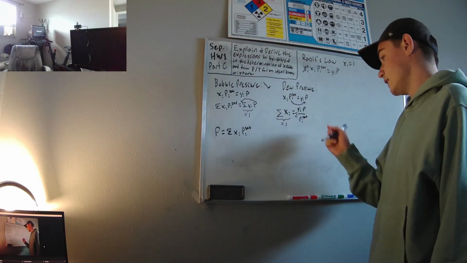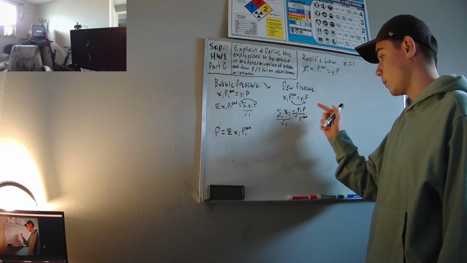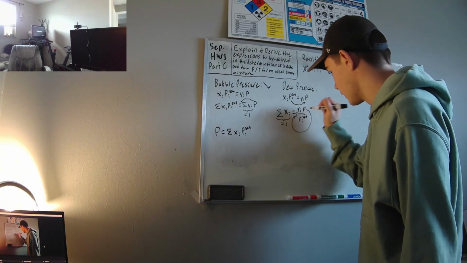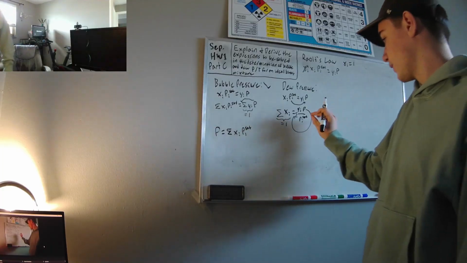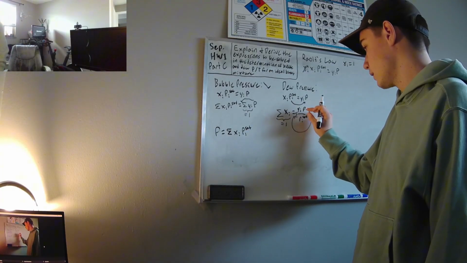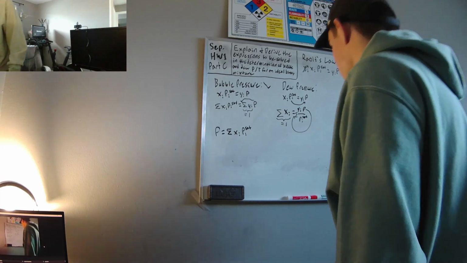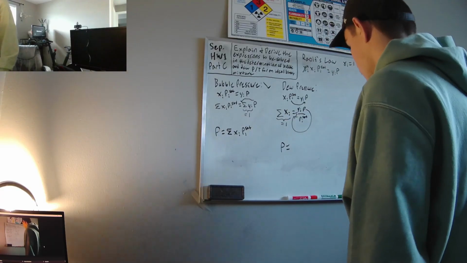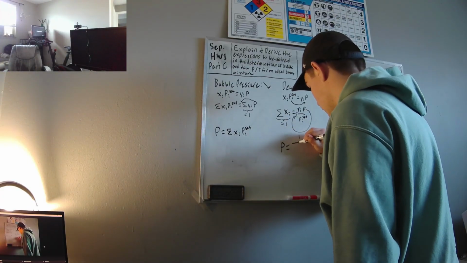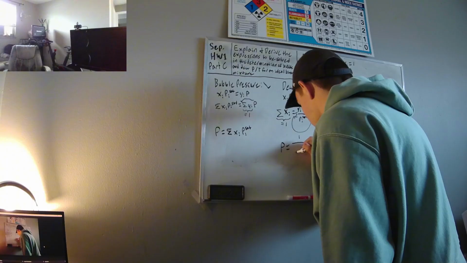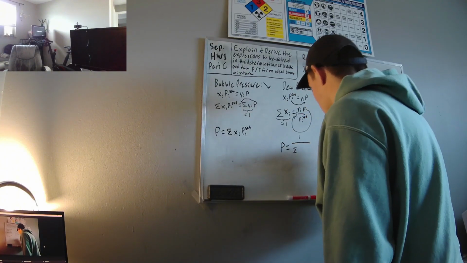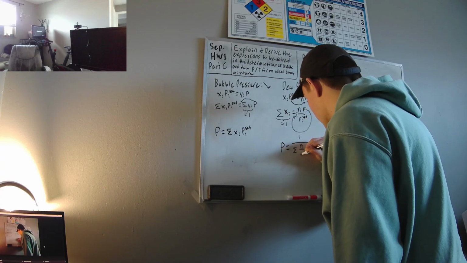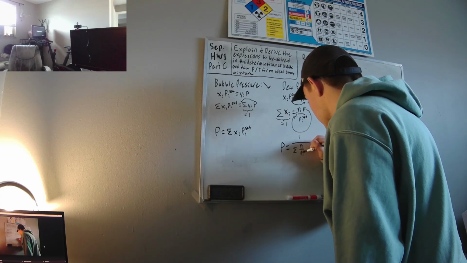And then, yet again, we can pull our P out of the summation, stick it right out there, and then we can put this entire summation divided to the other side, which yields our dew pressure, which is going to be equal to 1 over the summation of y_i over P_i^sat.